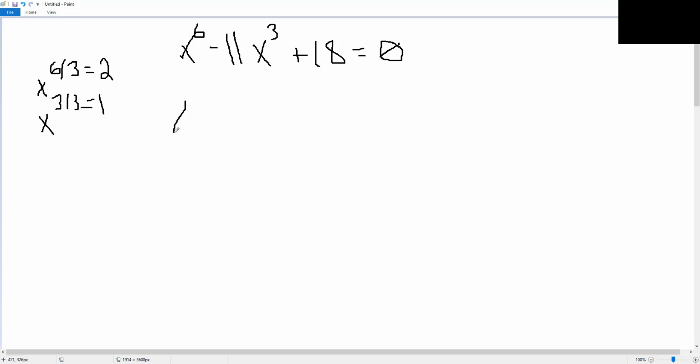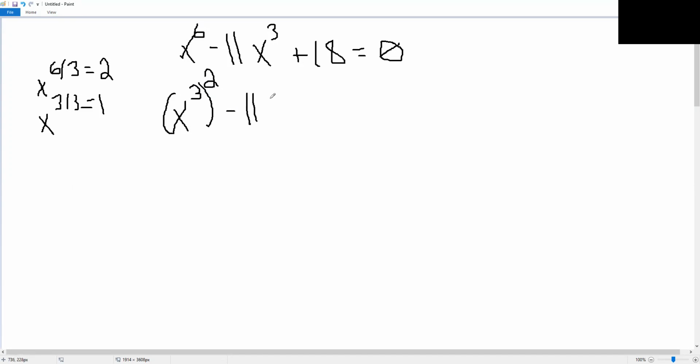And this is what we're going to do. We're going to say x cubed and then squared. Remember, when you have this, the way you solve it is you take the 3 and you multiply it by the 2. So 2 times 3 is 6. That's why we're getting the 6. So this is equal to this.